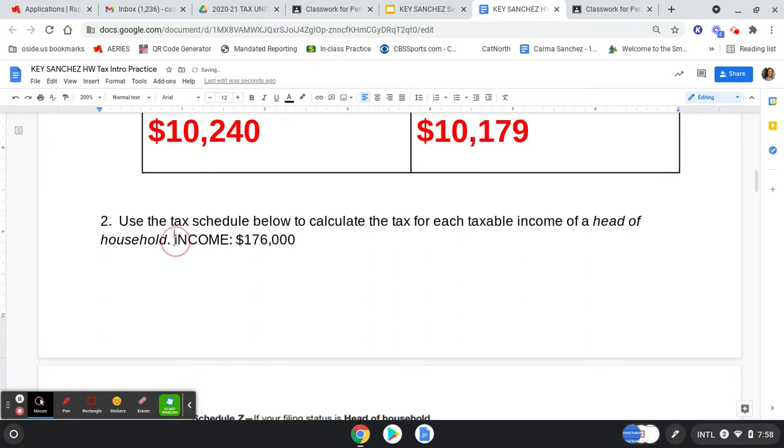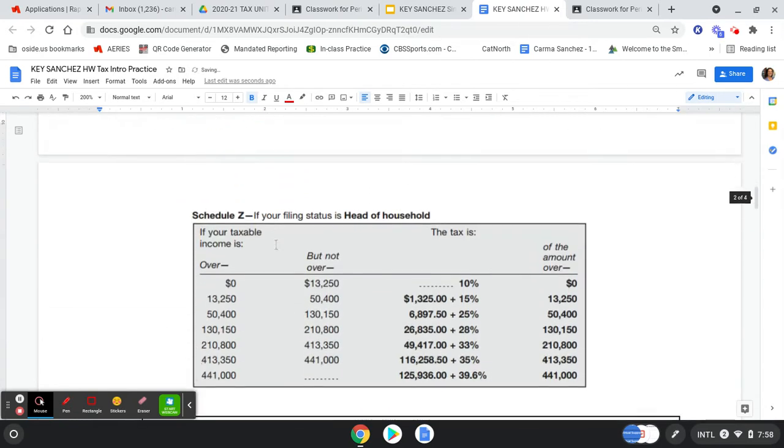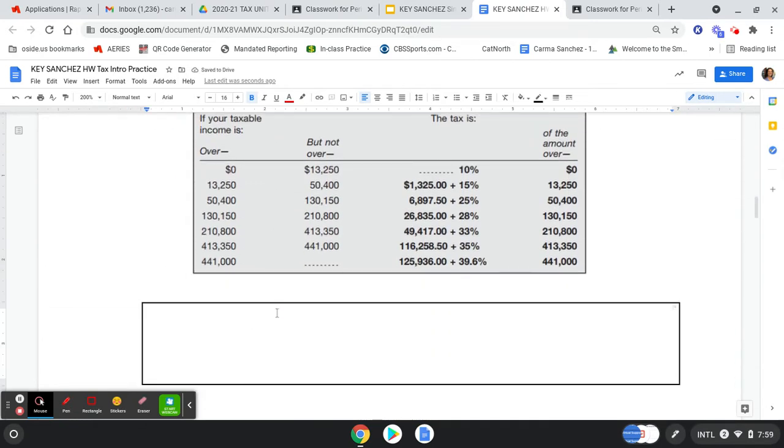And we're just going to calculate this down here. So looking for 176,000, do you see how it falls into that middle row in between 130,150 and 210,800? So we're going to take that income of 176,000.